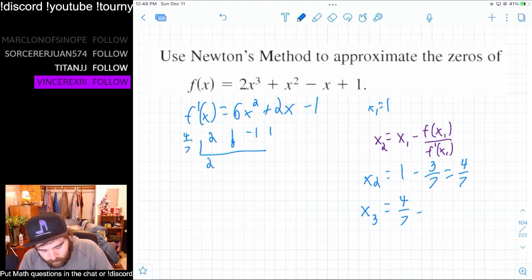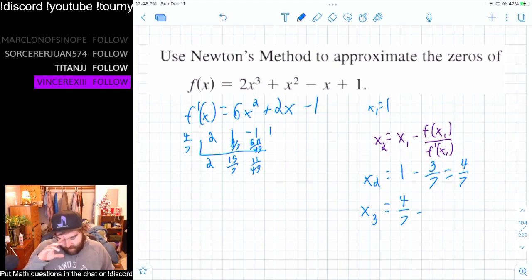2, 8/7, 15/7. Not that easy. 60/49. Well, that makes it better. 11/49. Yeah, but you're rocking a 7 cubed. 44 over 7 cubed.